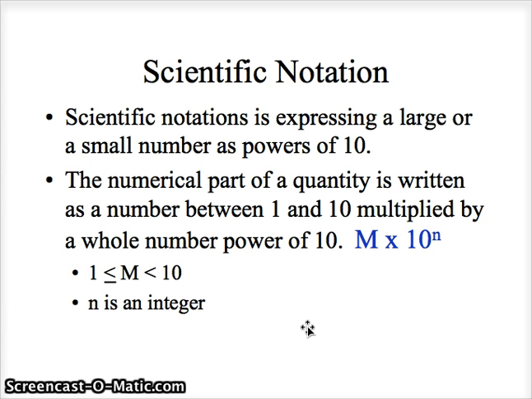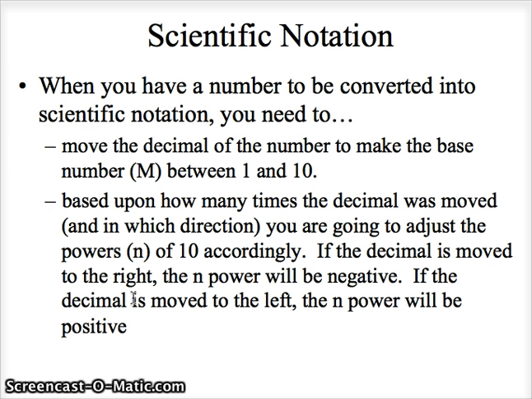It should be basically a single digit whole number with a decimal value, and it's multiplied by a whole number power of 10. So m has to be between 1 and 10. n is an integer, and what integer means is a whole number. It could be a positive or negative value.